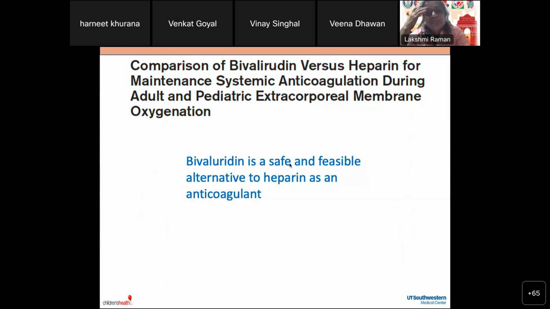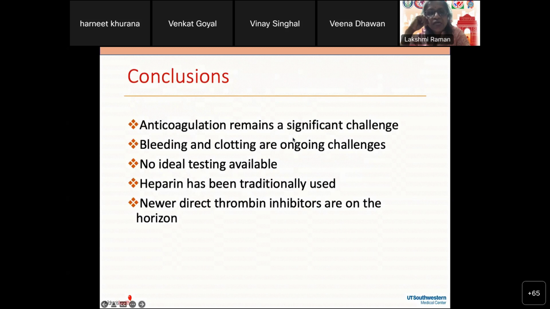So this was another study that compared bivalirudin versus heparin, looking at whether it is safe. And yes, absolutely, people have found this to be a very safe drug. And as I said, in many centers in the United States, they are already switching to bivalirudin. I think I have only one more slide. So in conclusion, anticoagulation certainly remains a significant challenge.